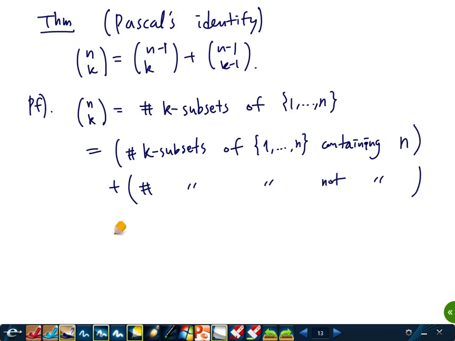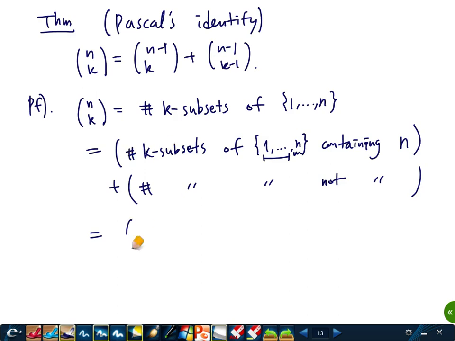Okay. So, what about the first one? Here we need to select k elements, but n is already there. So it is assumed that it's already there. Then among the remaining n minus 1 integers, we have to select k minus 1 elements to make a k-element subset. Okay?